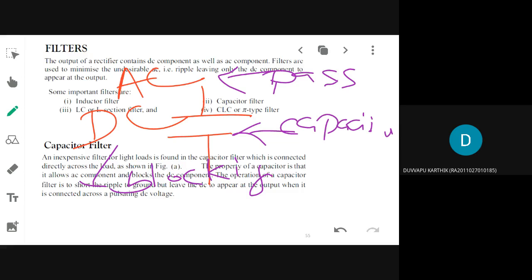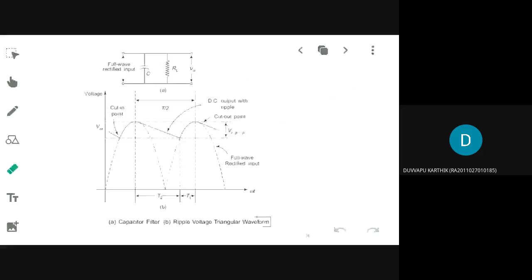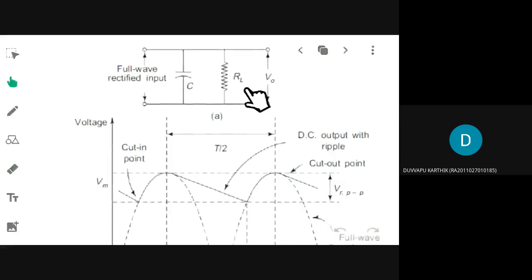This salient feature of capacitance will be taken into account for filtering. Again, a capacitance has a special property of allowing only the AC component, while blocking the DC component. Now we are going to add that at the output side. So this is my load component, and this is my C filter. Here I have a full wave rectified output like this.